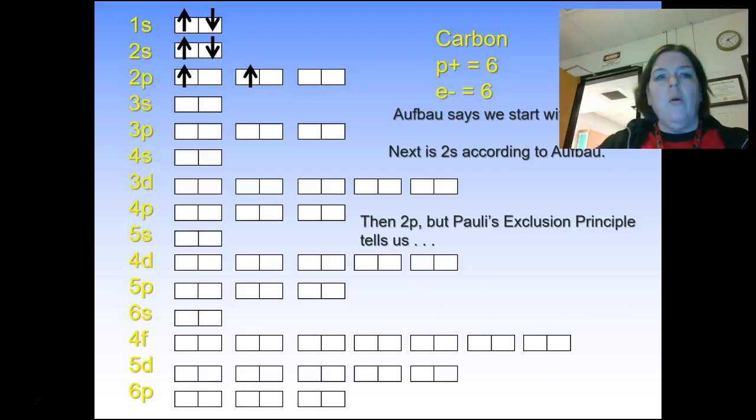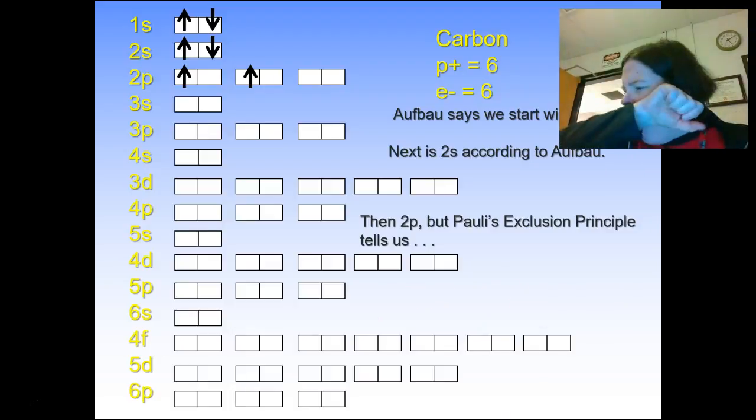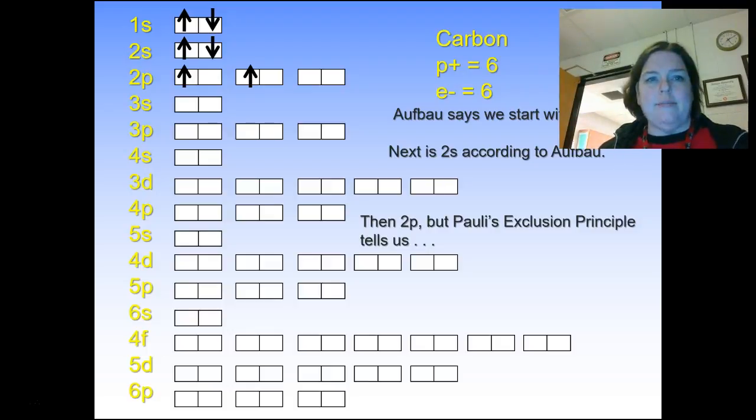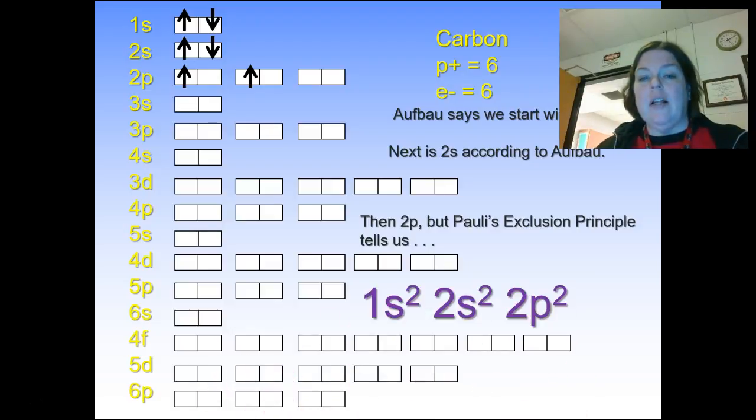Well, let's look back. We have 2 in the 1s. We have 2 in the 2s, and we have 2 in the 2p. So our electron configuration is right here: 1s2, 2s2, 2p2. The big numbers, the 1 and the 2s back here, that's the energy level. That's the principal quantum number n.